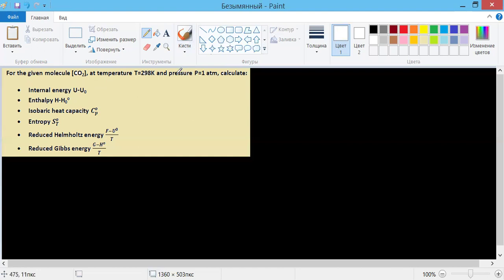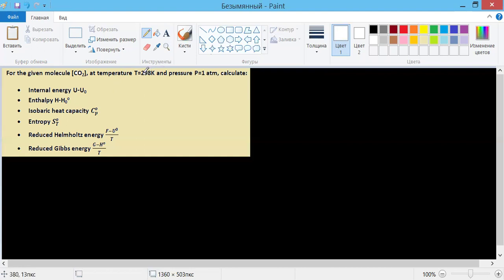We remember that absolutely all thermodynamic parameters, including internal energy, can be expressed as the sum of these parameters, their components related to translational motion, okay, rotary motion, vibration motion, and electronic, right?